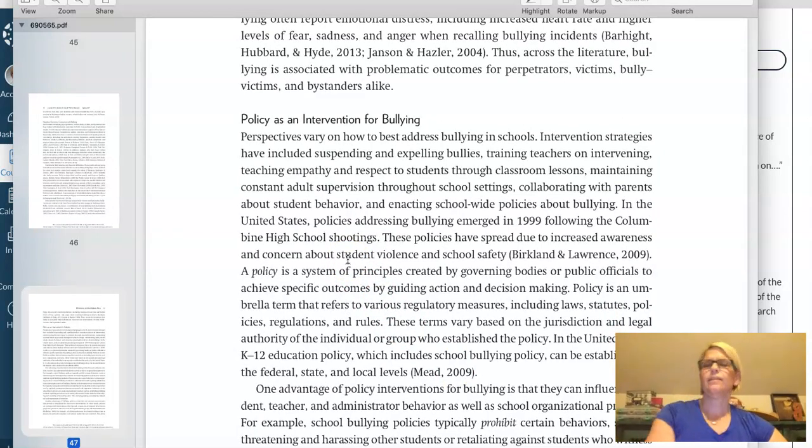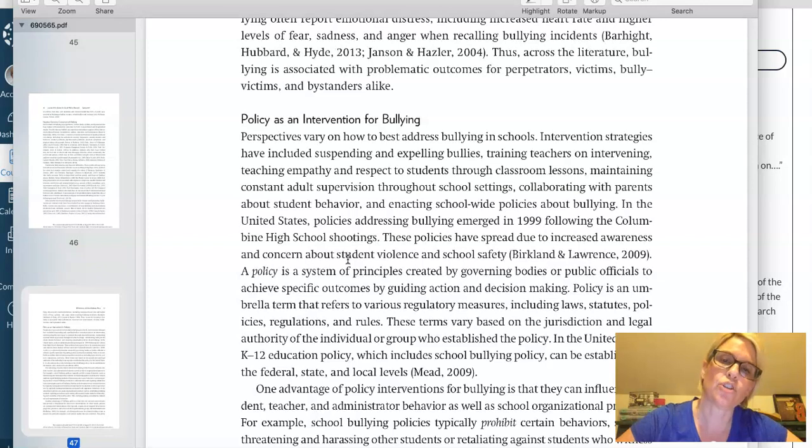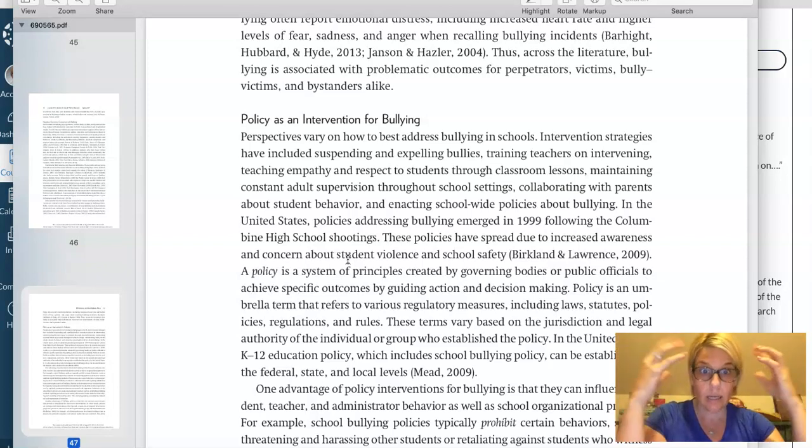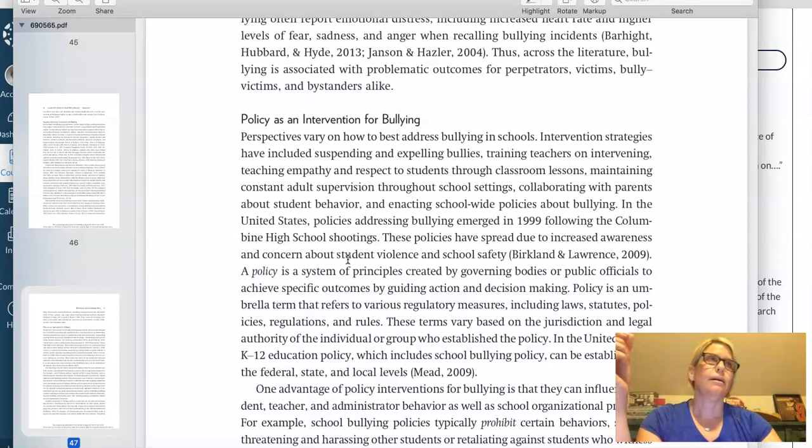So I think this was a good tactic for them to start with the bullying, because that's more of a variable that people might think is exciting and, oh my gosh, we really need to address this. Most likely, since half of the kids in the world have been bullied in some way, they can even relate to it.